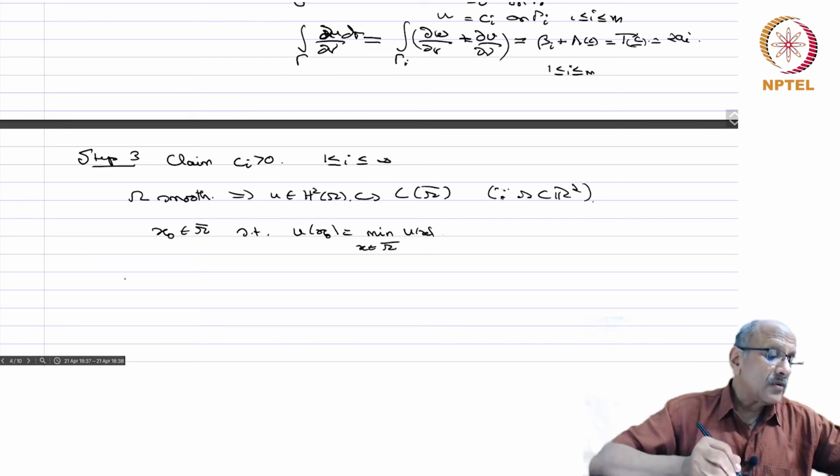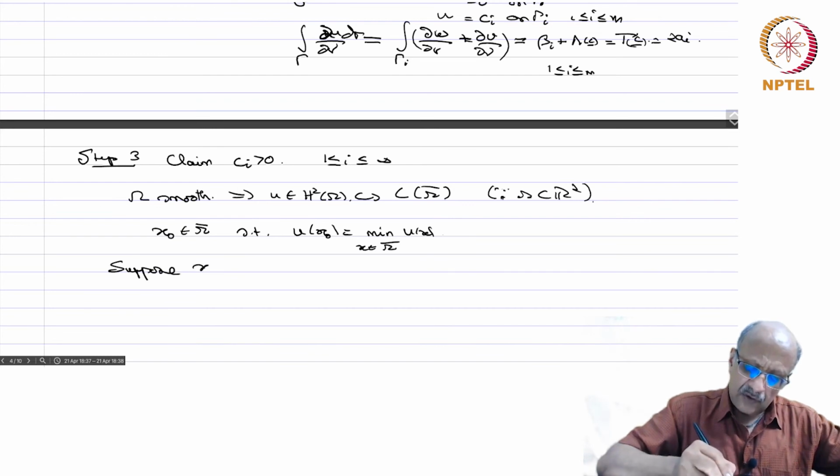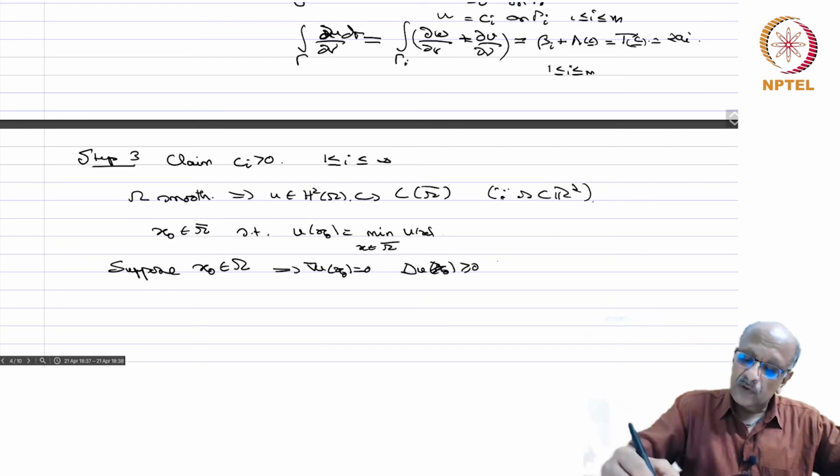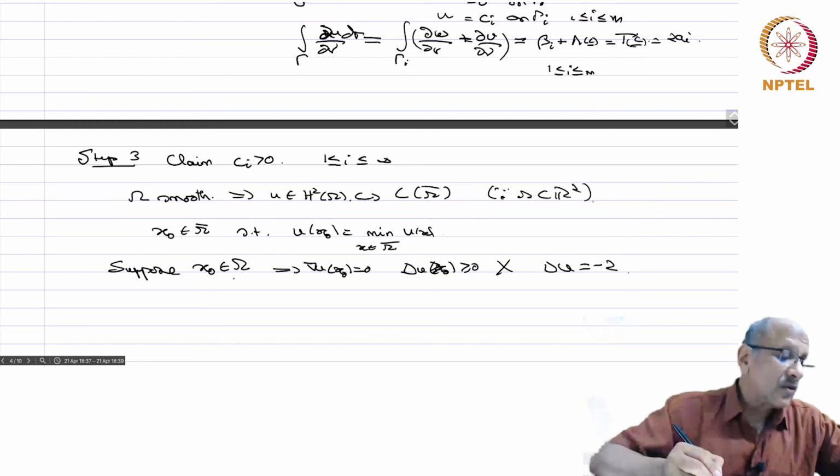Okay, so suppose x naught is in omega. Okay, this implies that grad u at x naught equal to 0, and the second derivatives at x naught must be greater than or equal to 0, but that is not possible since Laplacian u is equal to minus 2. Okay, so that is not possible.